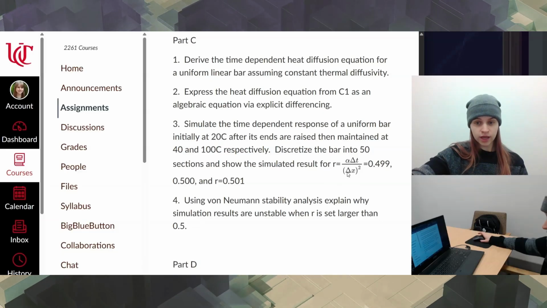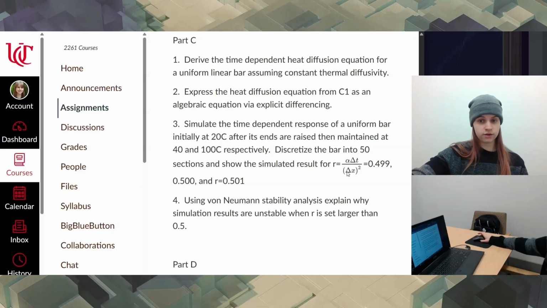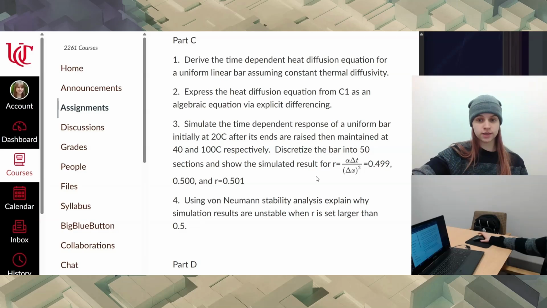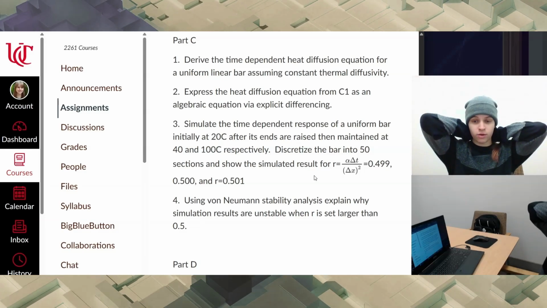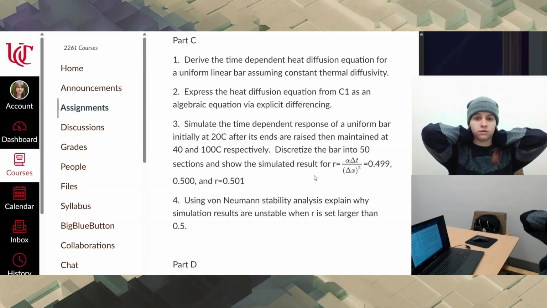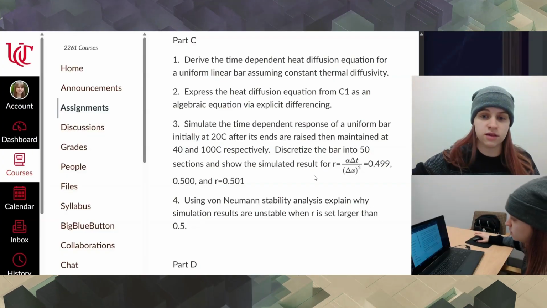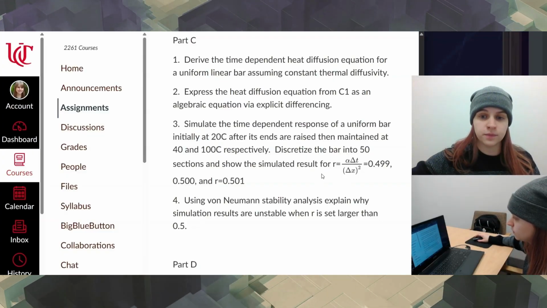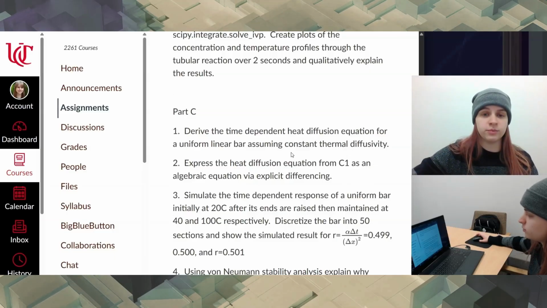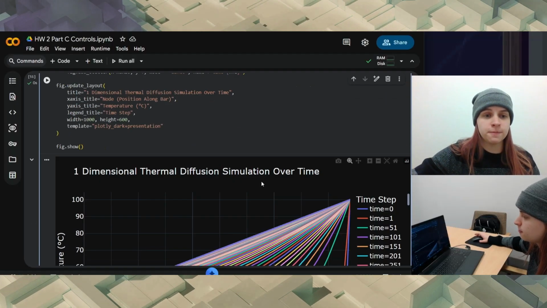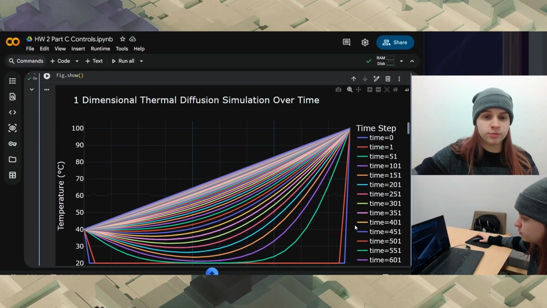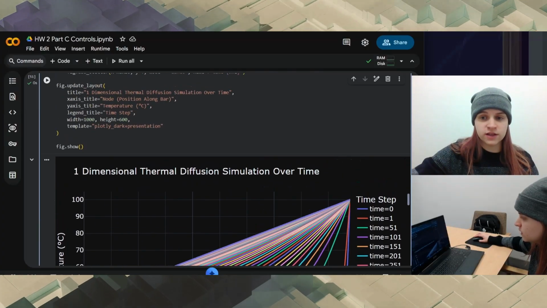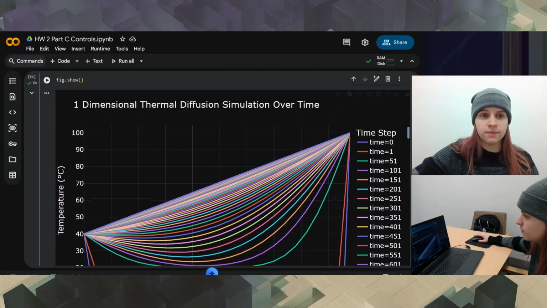Otherwise, we would need a very different delta X. But if we want to raise the delta T, then our R value is going to need to be higher than 0.5, but what we have here is if we go above 0.5, it completely diverges and is unreadable. So that will be in part D.